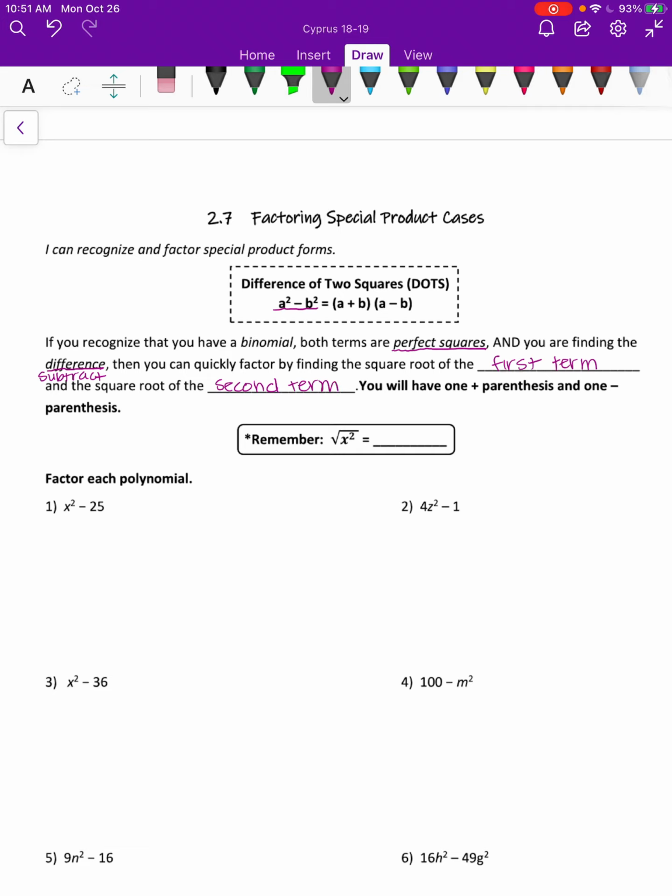And then we're going to have one parentheses with a plus in it and one with a minus. Something to really remember when we're doing this is that the square root of x squared is x.